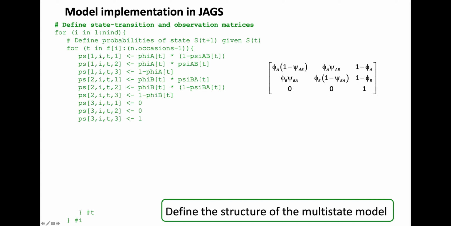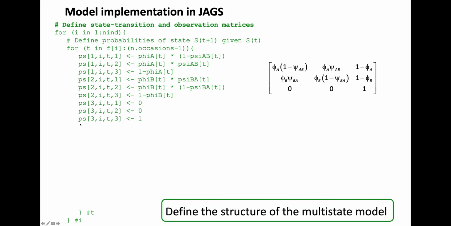And then we also have those 2 dimensions, individual and time here. You could get rid of the individual and time dimension if you didn't have any time or individual effect on your survival or transition parameters. But for now, let's go very general, and from there we will apply constraints on this model to build simpler models.